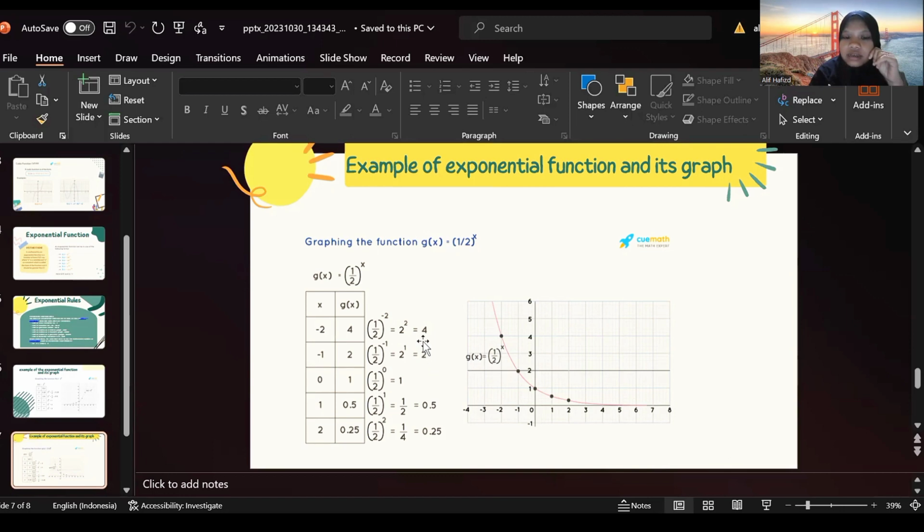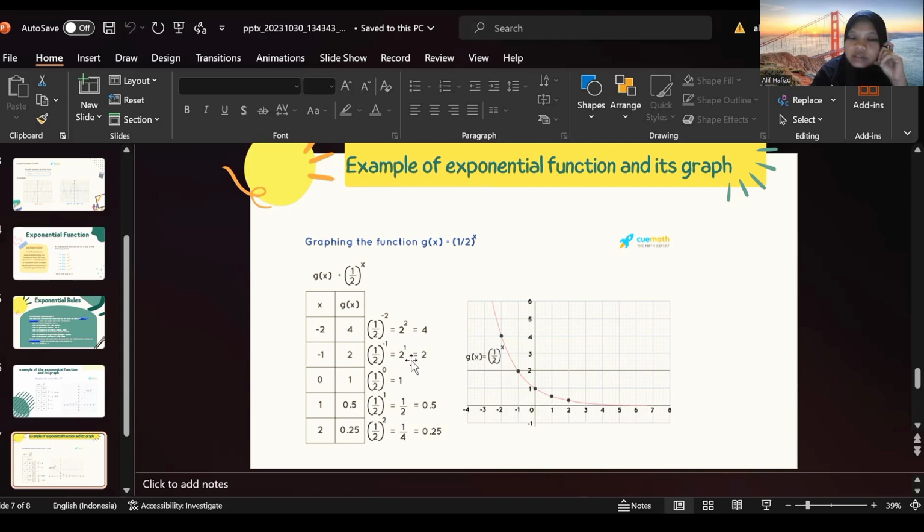So the first spot we make is here, 4. And then we go to another x value. We take -1. In this function we also put the -1 into the x: (1/2)^x, with -1 in place of x, and then we get 2.